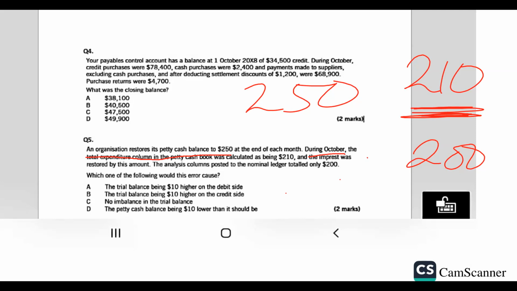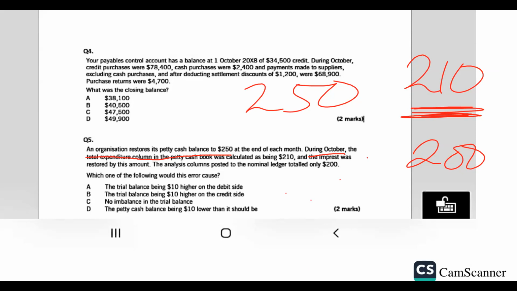But in this case, only $200 was given to the cashier, so it's supposed to be 210. So there's an undercast of that $10.